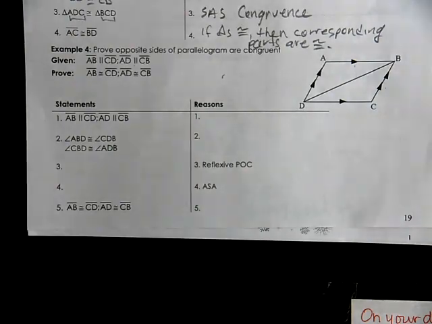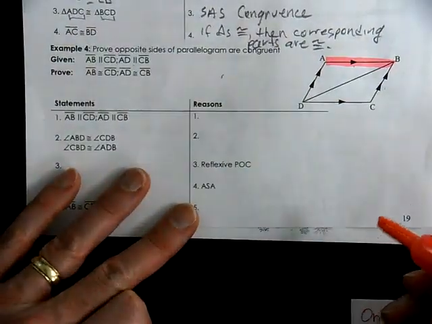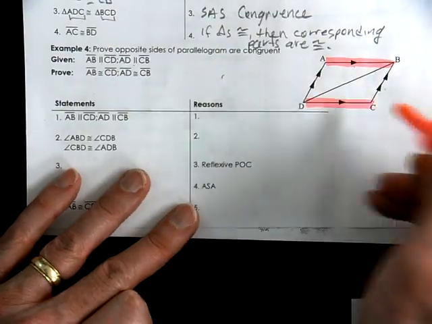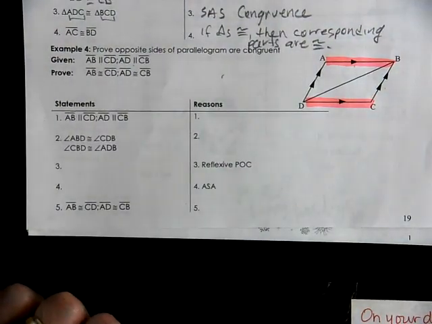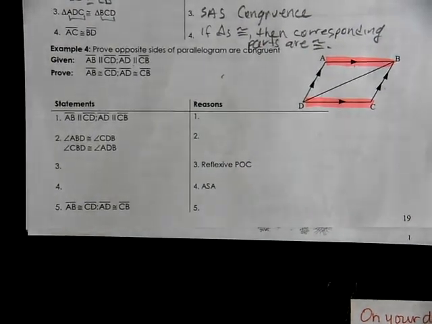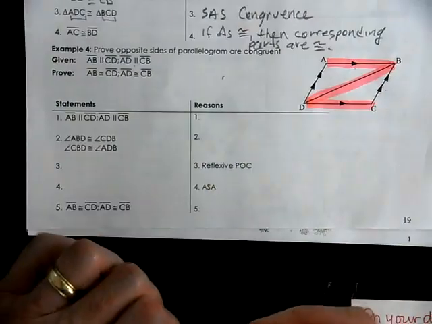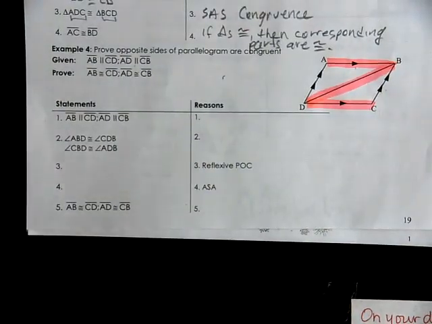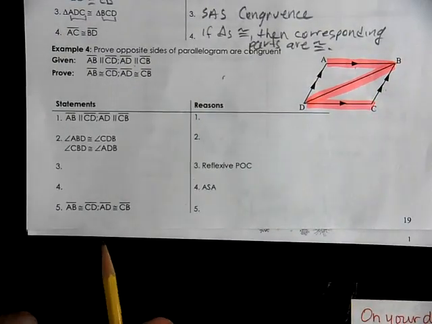So, when you look at the parallel, trace out either with your eyes or your pencil or even your highlighter your parallel sides and then connect those together with a segment that is shared between the two triangles.